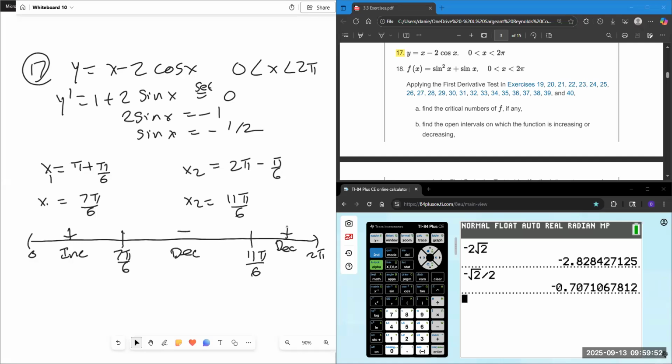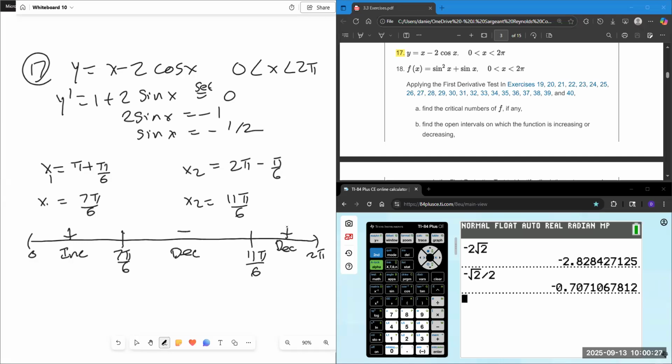I can pick any number in there that I want. Also, I can just look at the unit circle and decide what's going on with the sine values there, that they are greater than -1/2. So they're closer to zero than that. So this product here is going to be a negative number, but it's going to be greater than -1, so closer to zero than that.